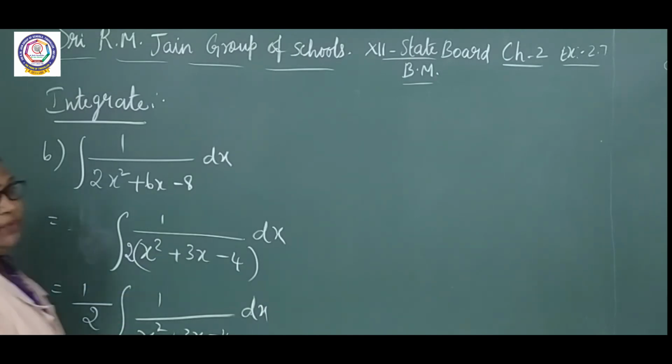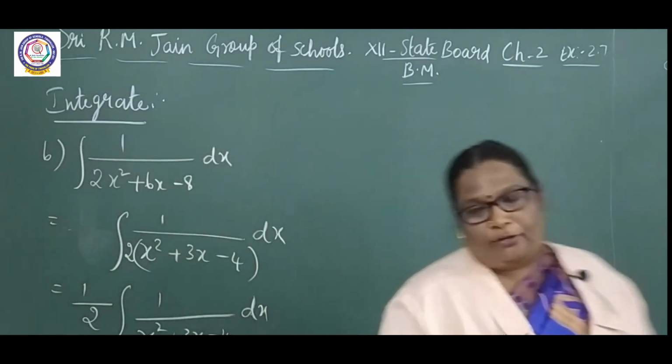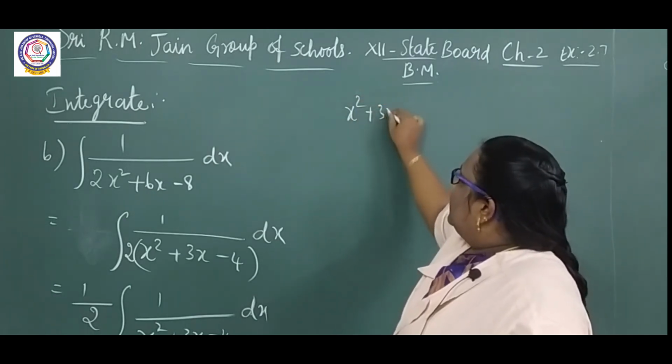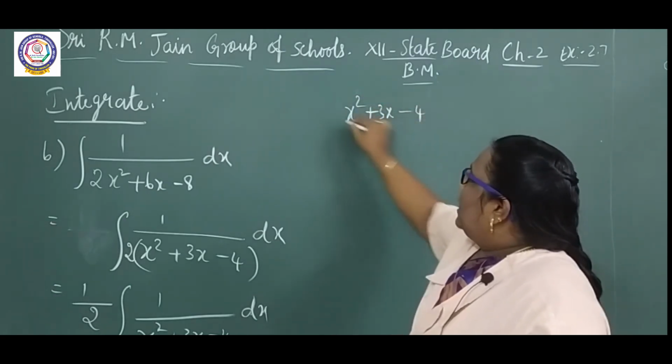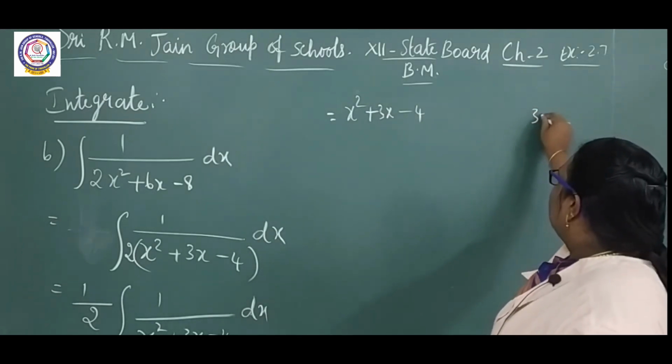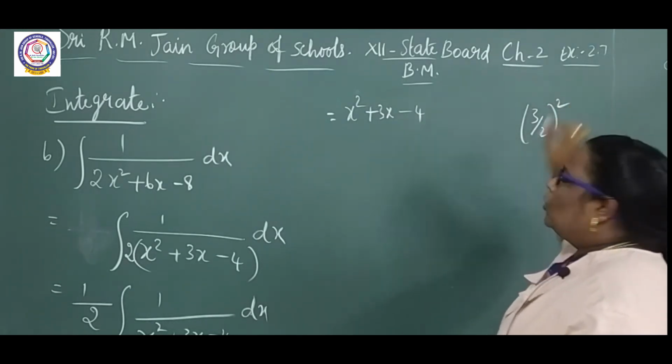You can take this value alone and write it in completing the square form. See here, x square plus 3x minus 4. What is the coefficient of x? 3 by 2 the whole square.